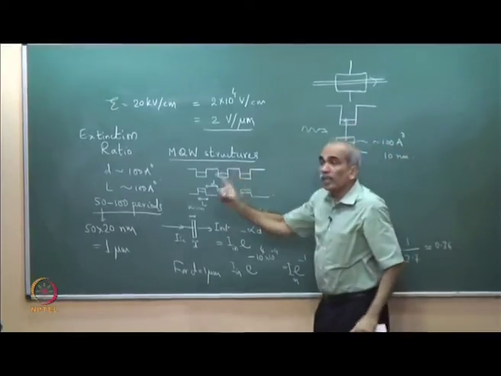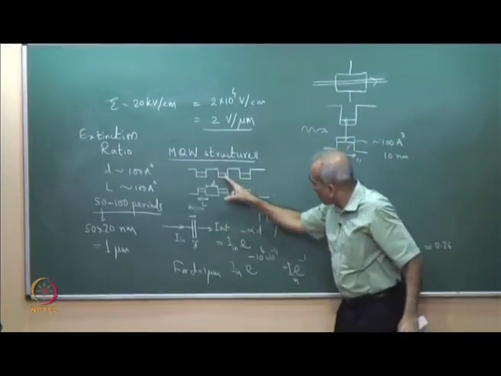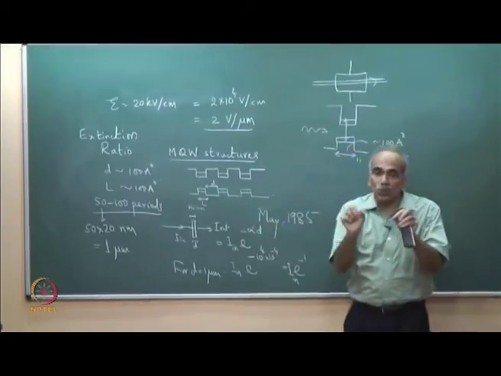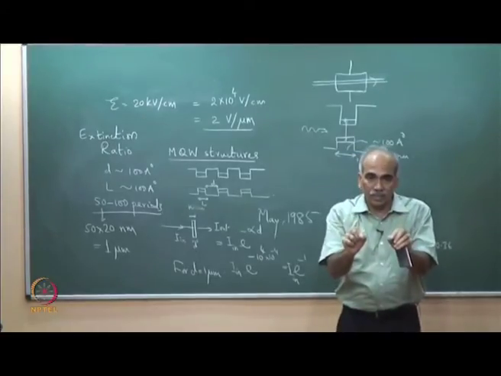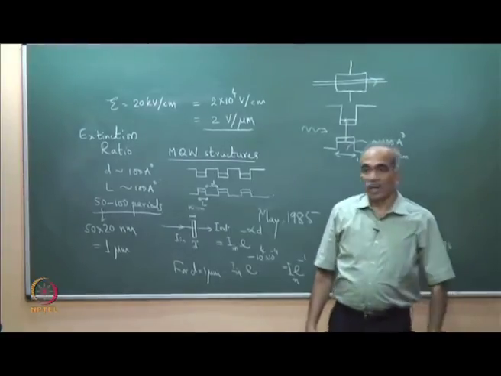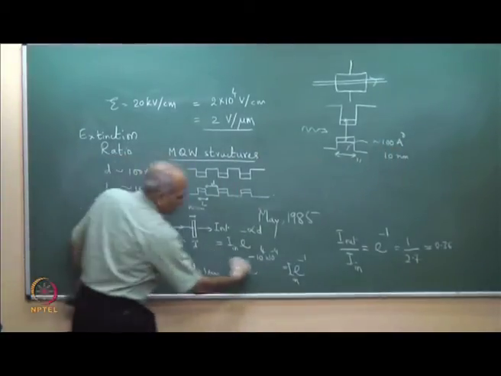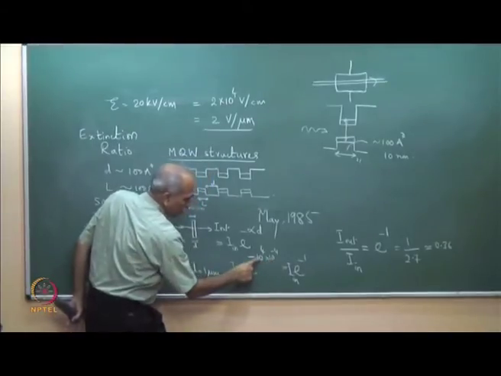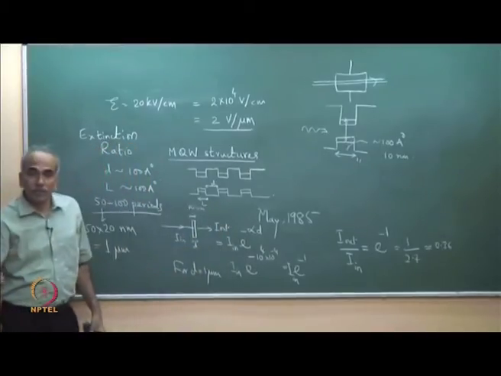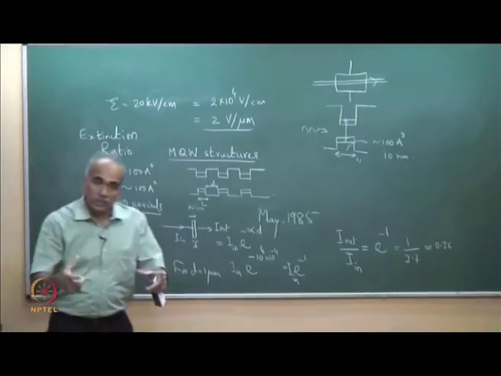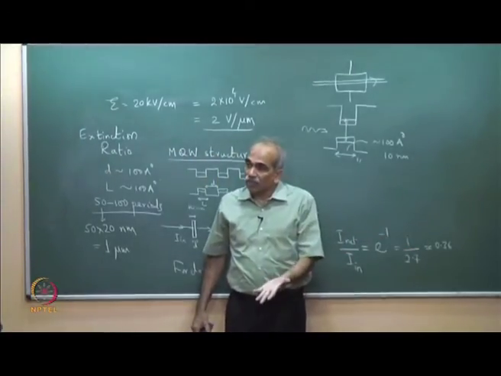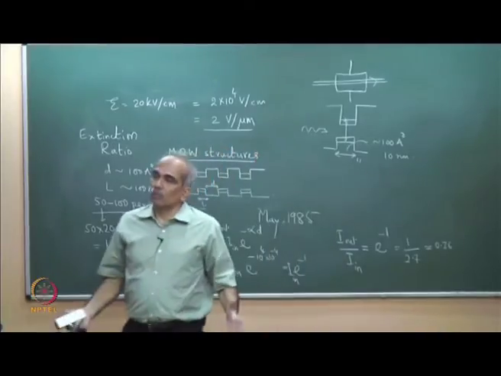Therefore, if I have 100 periods, I have 100 wells of 10 nanometer, which means the total thickness of the semiconductor where absorption takes place is only 1 micron, and therefore, this calculation that I have done, with 1 micron and alpha of 10 to the power of 4, alpha into d, applies for 100 wells. In other words, to have significant measurable attenuation, you need a large number of quantum wells.